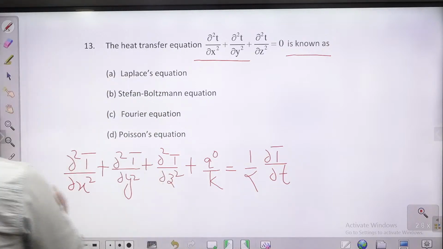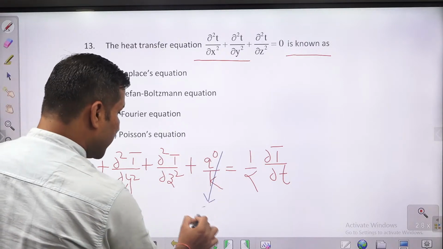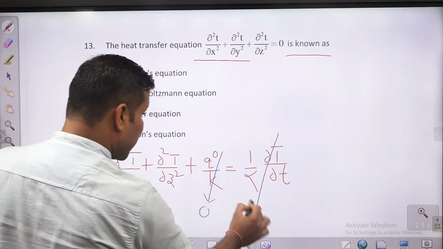I hope you all remember this particular equation. This is the generalized heat conduction equation in Cartesian coordinates. Now in this equation, if these terms are 0, that means no heat generation and steady state.